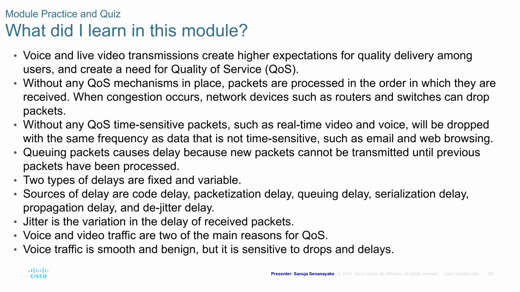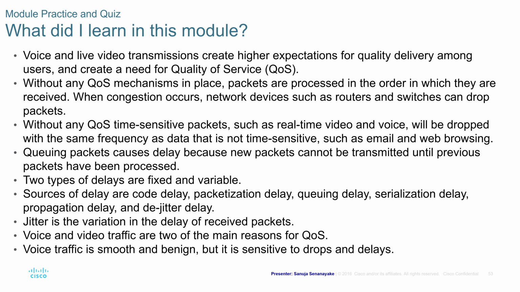Queuing packets causes delay because new packets cannot be transmitted until the previous packets have been processed. We learned that there are two types of delays, fixed delays and variable delays.